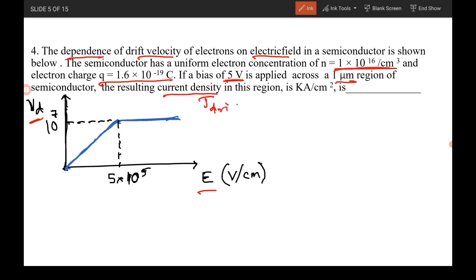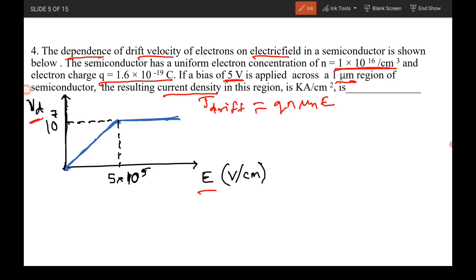The drift current density in this region in kiloamperes per centimeter square is how much? As we are dealing with the n-type semiconductor, your Jn drift will be equal to Q times N times mu n into E.